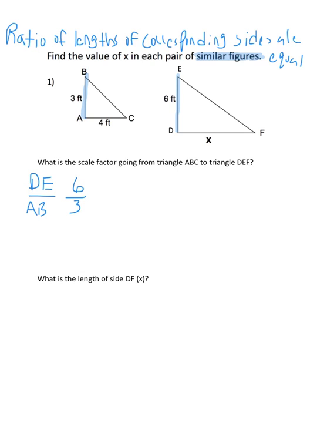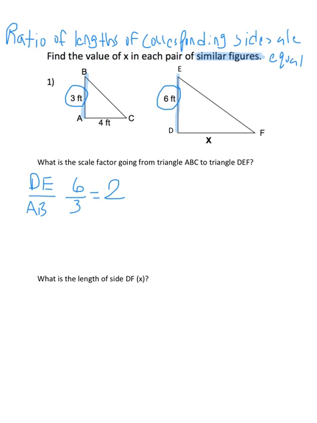If I simplify the ratio 6:3, I'd end up with 2. Once again, we're setting up a ratio, the length of one side of a triangle to the length of the corresponding side of the other triangle. 6/3 would be our ratio, and that would simplify to 2. That tells us that side DE is twice as large as side AB.